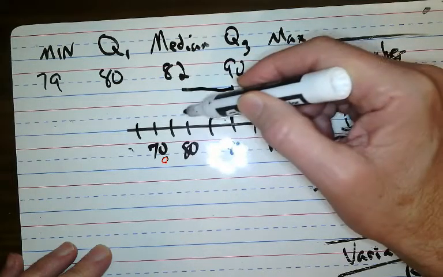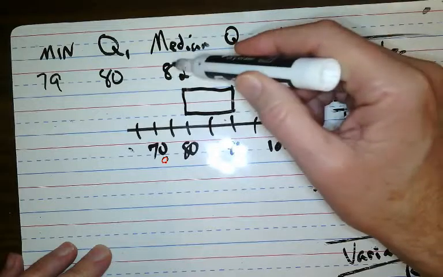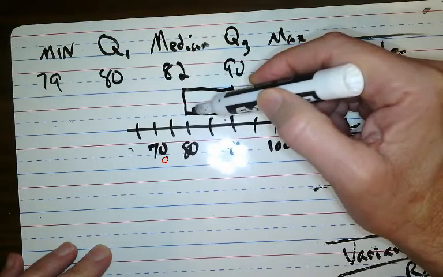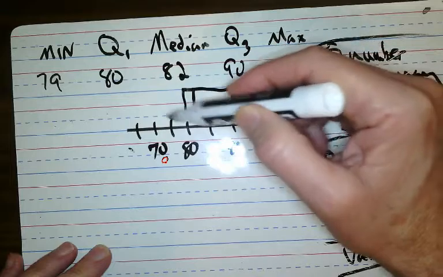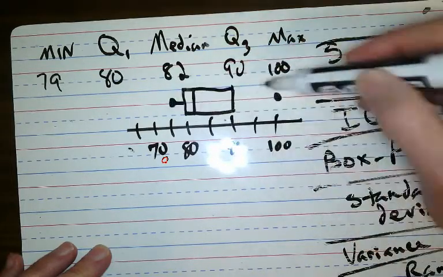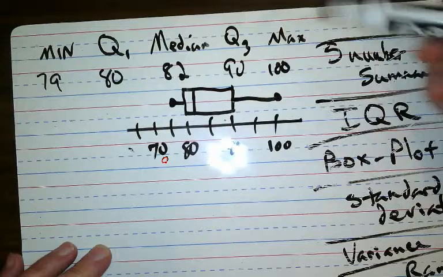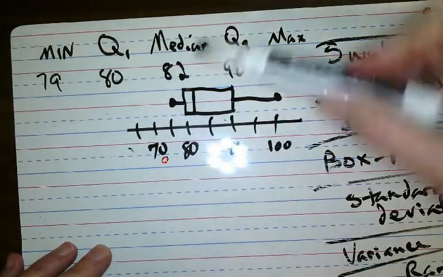Q1 is the left side of the box. And the median is the middle of the box. So let's see, it's a box with whiskers, with lines on each side, right?